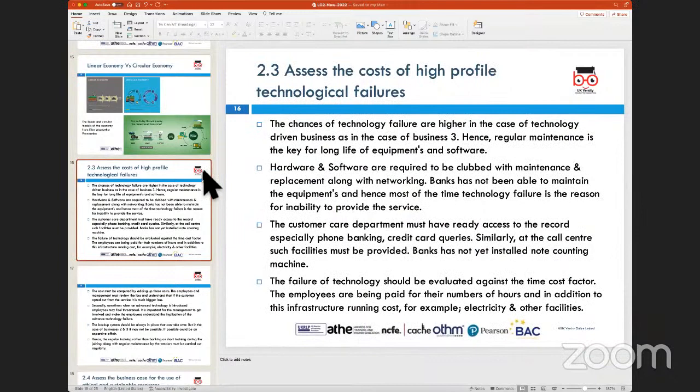Now, let's briefly look at the third and the fourth assessment criteria. The third criteria talks about assessing the cost of what is called high-profile technological failures. Because technology has become such an important part of our life, assuming we are using Zoom right now, if the Zoom software is to malfunction, or if the internet connectivity is to drop for a couple of seconds, what will happen is the session would get disrupted.